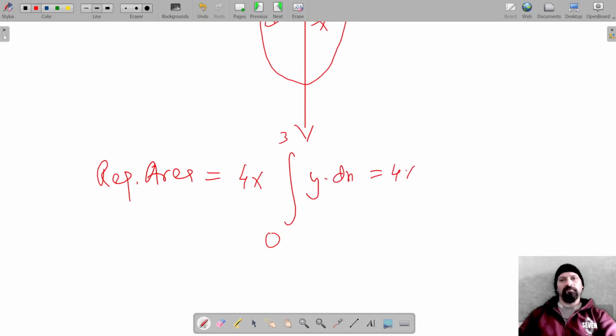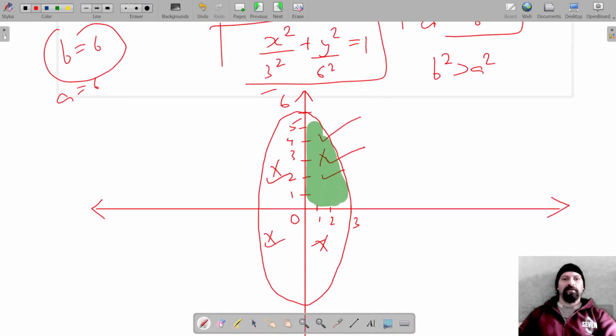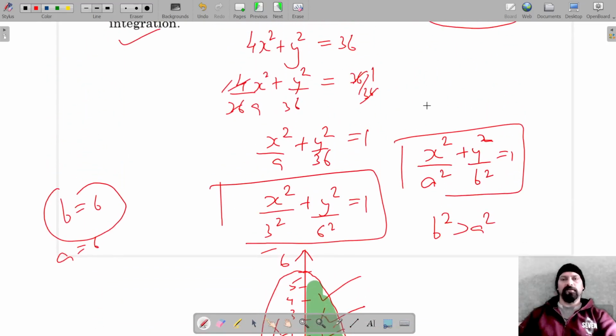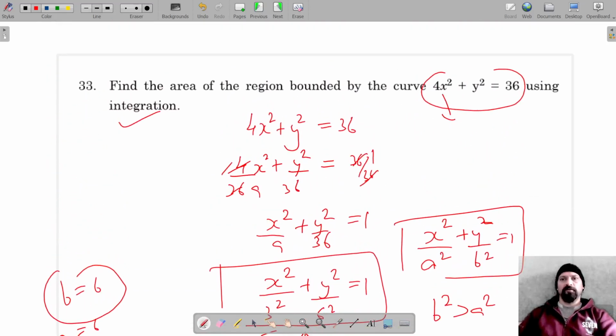Let's find out the value of y from the equation. y squared is equal to 36 minus 4x squared.